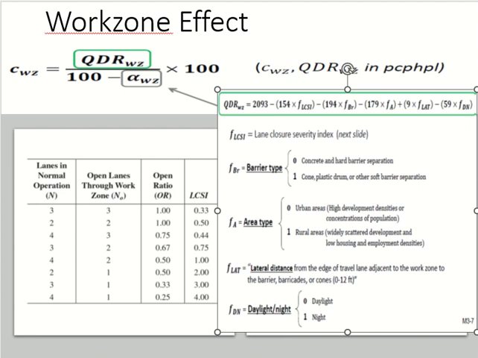So what do we need to get the value of the factor? You need how many lanes were there normally, without the work zone, and how many lanes are still open with the work zone. Then you have this ratio, n naught upon n, but you don't need it.